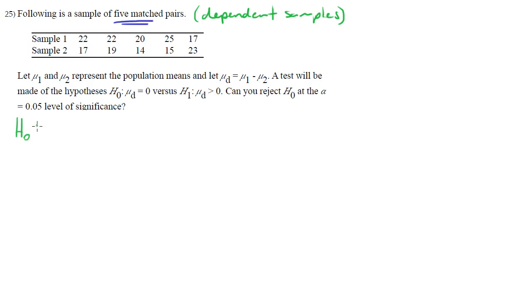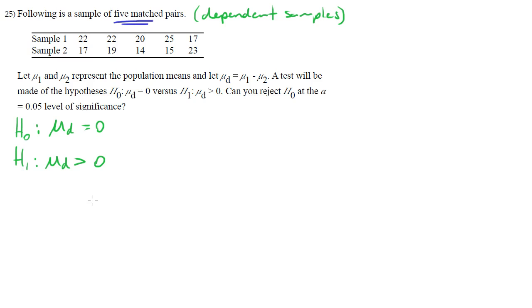The null hypothesis: the mean of the differences is 0, there's no difference between the means. And the alternative hypothesis is that the actual population mean of the differences is greater than 0.